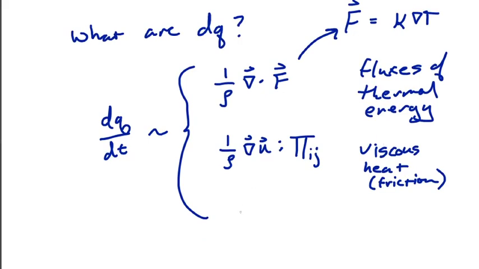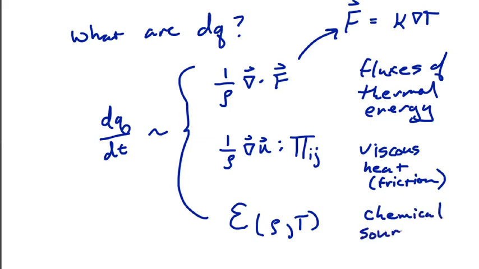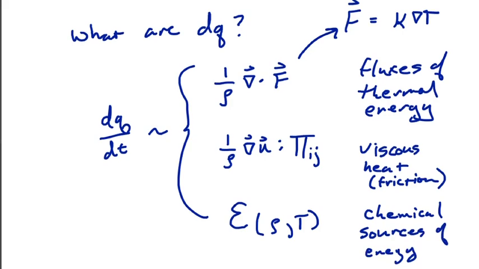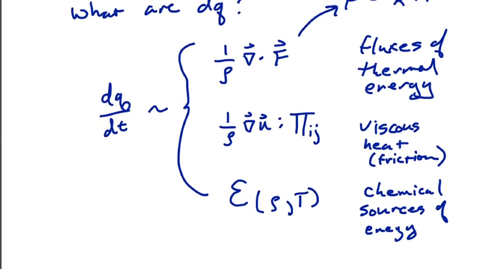Now there's another way that we could have a source of heat. We could have what we often refer to as an epsilon term, a generation term. And this usually comes from chemistry. Chemical sources of energy that are releasing energy from the chemical reaction into the internal energy.